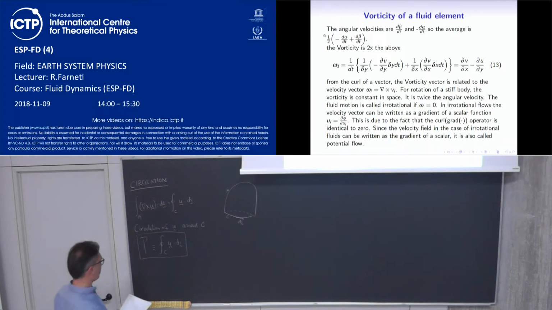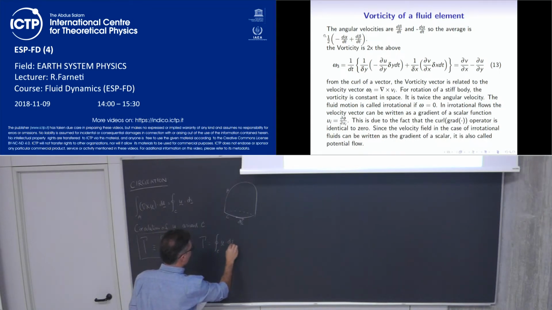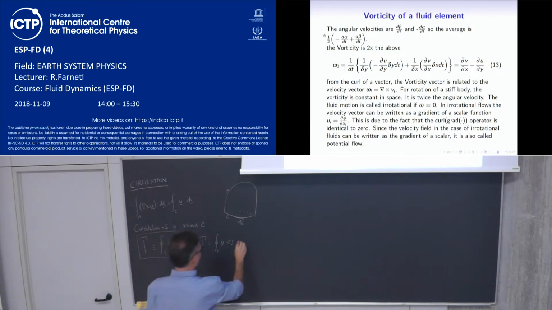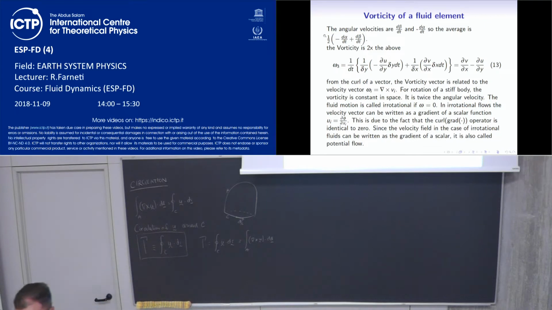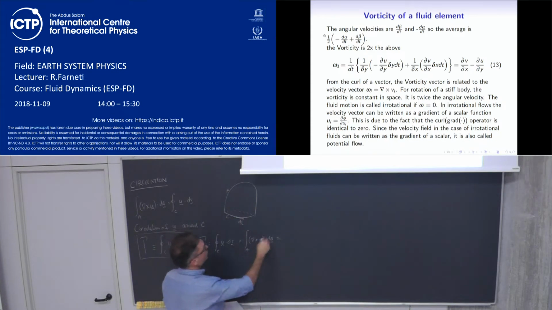So now you can go back to the vorticity and say that this Gamma, which is equal to the circulation of u around C, through Stokes' theorem is equal to this, right? Which we know what this is, because this is the definition of vorticity.